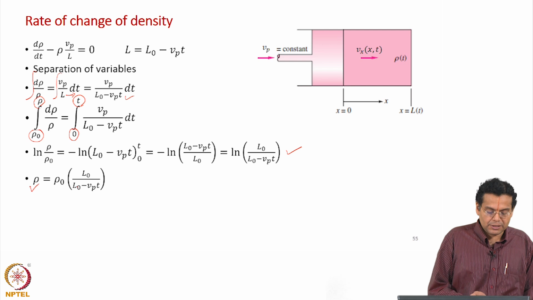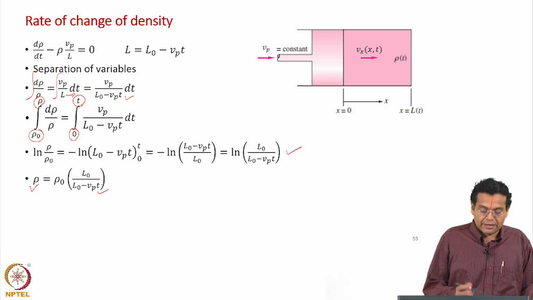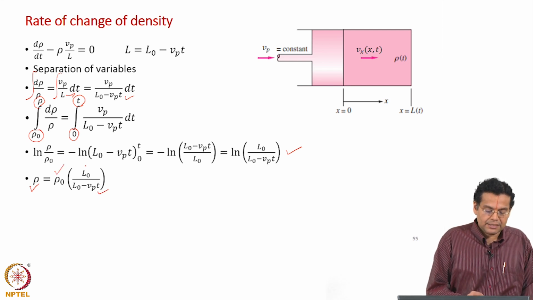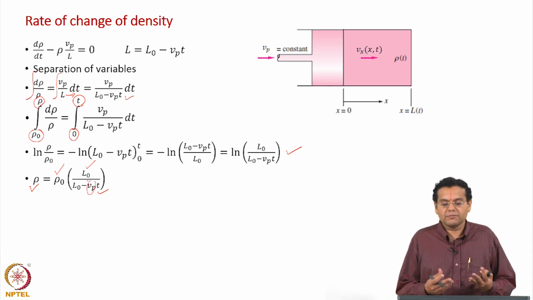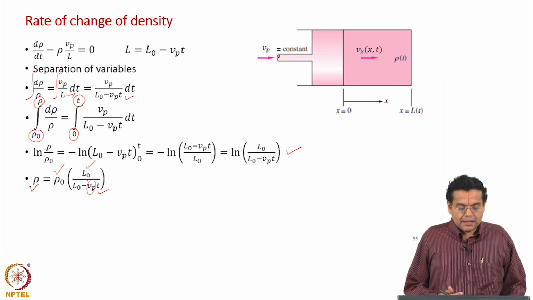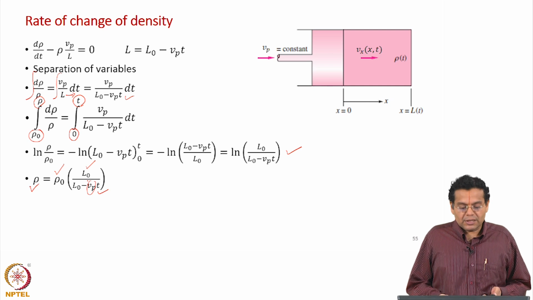So, rho depends on time for given initial density, initial length and velocity of the piston; those are the variables. If you give me the velocity of the piston, initial density and initial length, this expression gives us how density varies as a function of time.